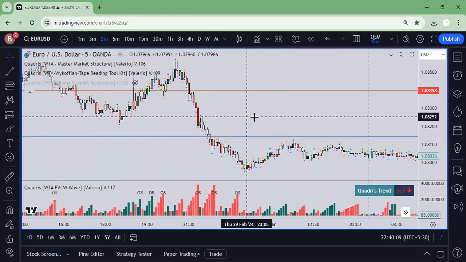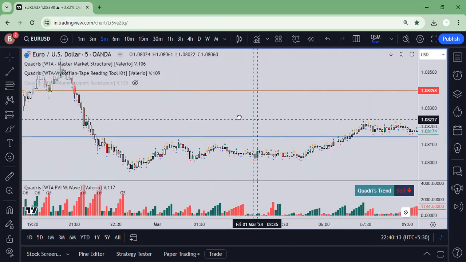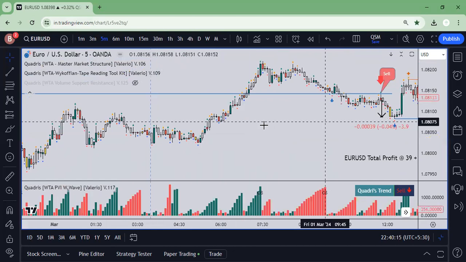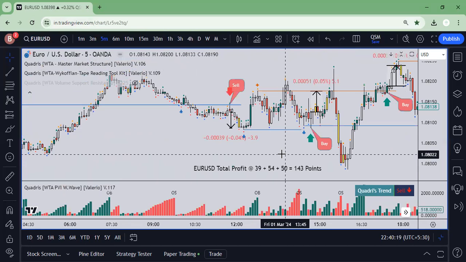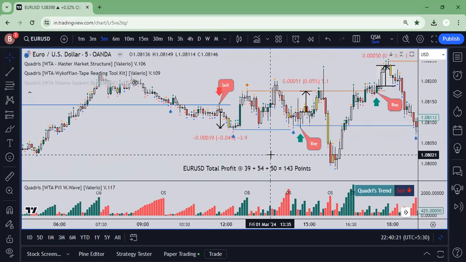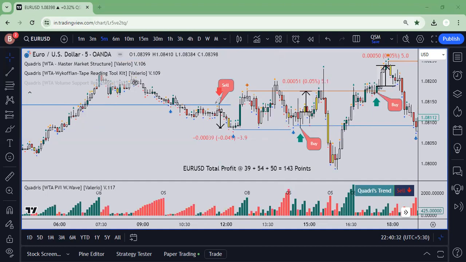Simple. I don't overcomplicate things, and I don't run after trades because I know I will get trades, and I'm quite comfortable making decent points in a week, and that is enough.